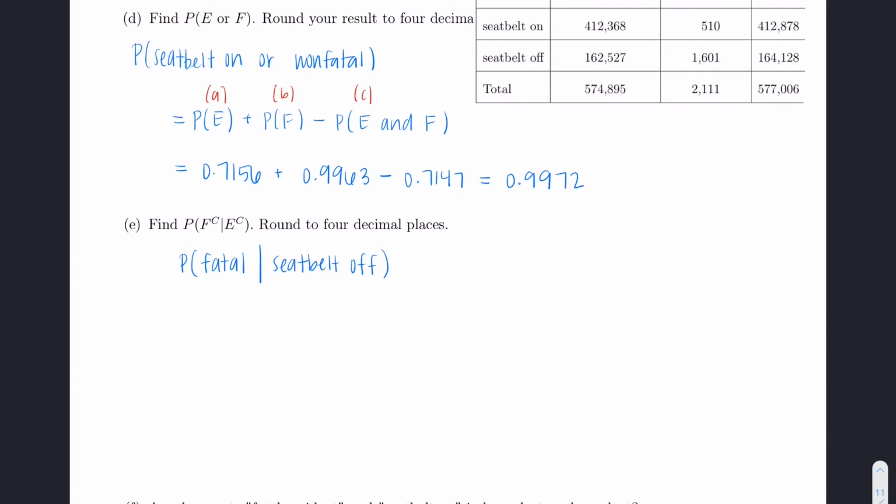So here we're going to find the probability that a driver was in a fatal accident given that they were not wearing their seatbelts. And so here, my numerator is going to be the number of people who were not wearing their seatbelt and were in a fatal accident.